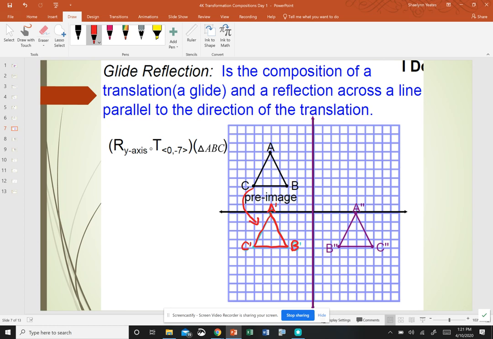And we slid it down 7 because it said move nothing in the X direction, move down 7. Then they flipped it. So now, if you notice, B is now here. C is now way over here. Okay, we reflected over the y-axis. So if you notice, you always do the one closer to the letters first. So this one was first, then this was second.